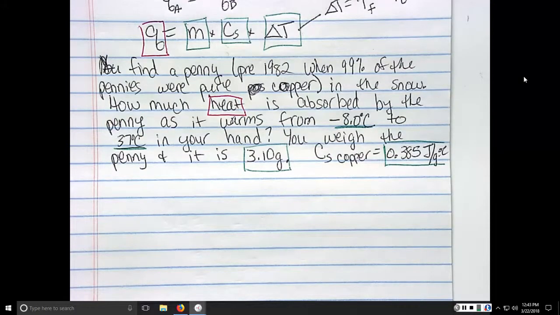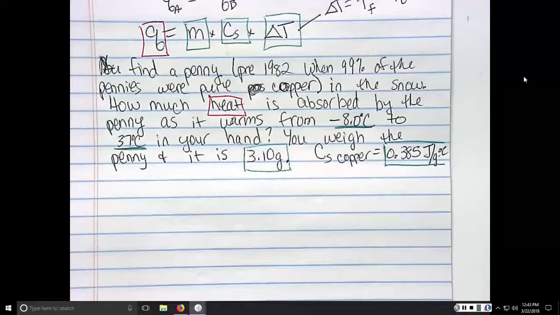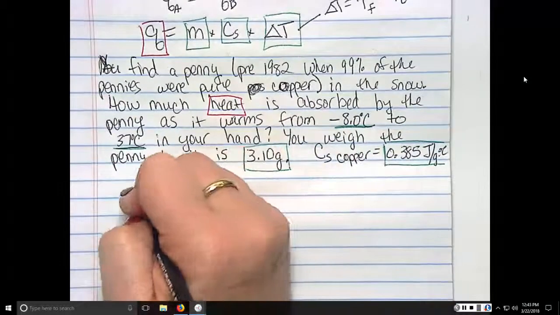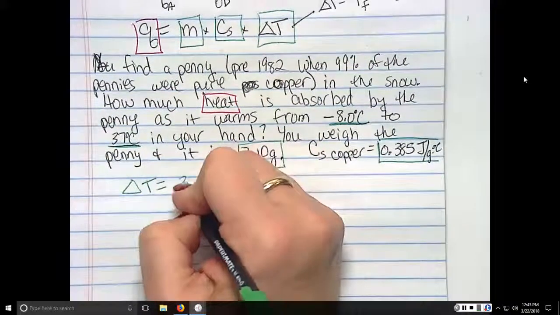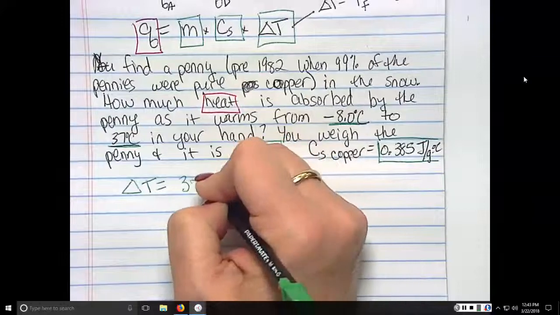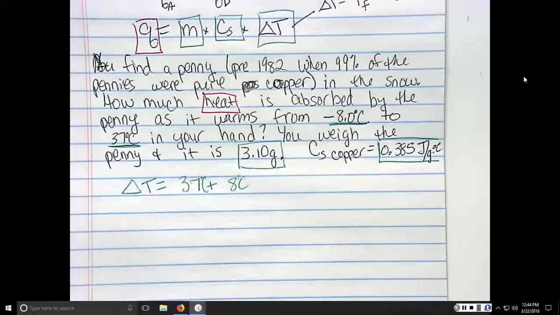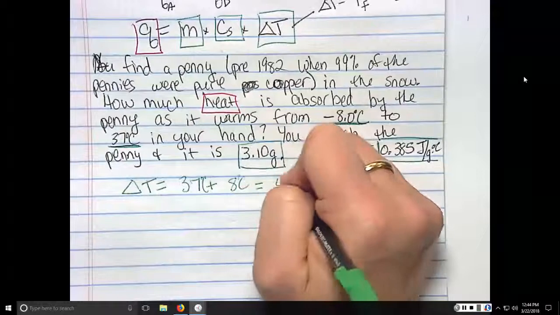So just keep in mind, we're looking for a total change. So because this is negative, it's actually going to be 37 plus 8 for your delta T, because I got to get from negative 8 to 0, right? And then 37 more degrees. So what is that? 45 degrees Celsius.